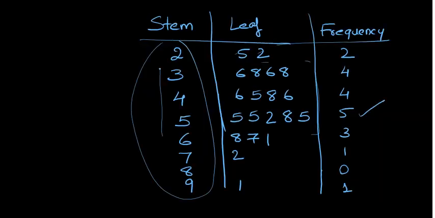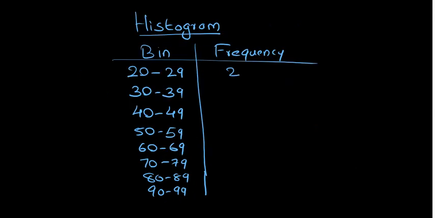The frequency is 2, 4, 4, 5, 3, 1, 0, 1. This is the number of times the values lie in this bin. In this particular case, there are two observations lying within this bin, 4 observations lying within this bin, and so on. So that is what it actually means.